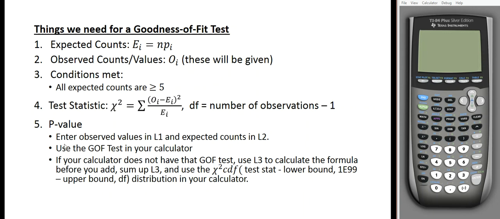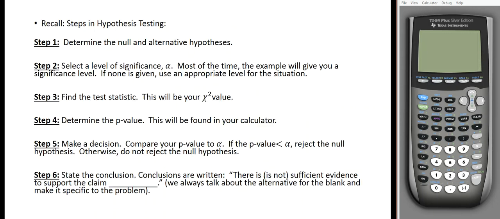So you're going to still enter your observations into L1, your expected counts into L2, and then we're going to use L3 to help calculate this entire formula right before we add it up. And then we'll use our chi-squared CDF distribution, and that comes from our second vars, which we've used before. I'll show you both ways, just in case your calculator doesn't have one of the functions.